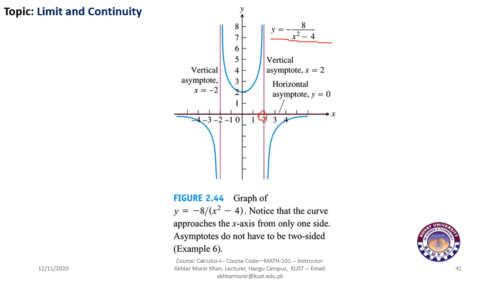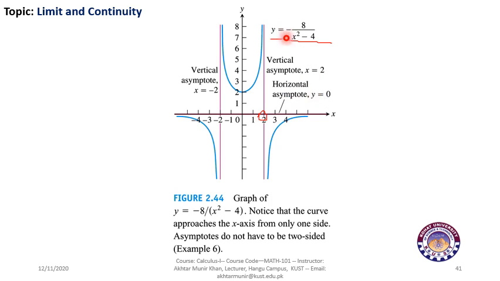So a line parallel to the y-axis and passing through this point will be the vertical asymptote of this function. On the other hand, consider the line whenever x approaches infinity, then the limit of the function at infinity.